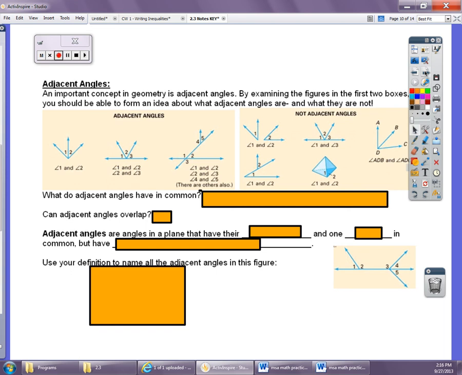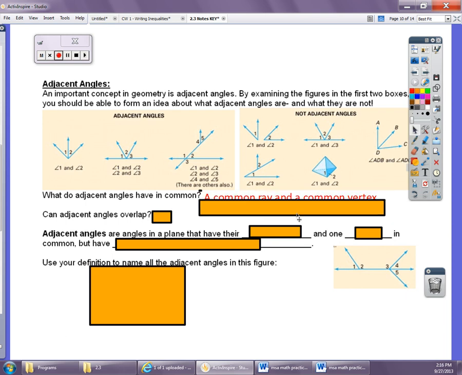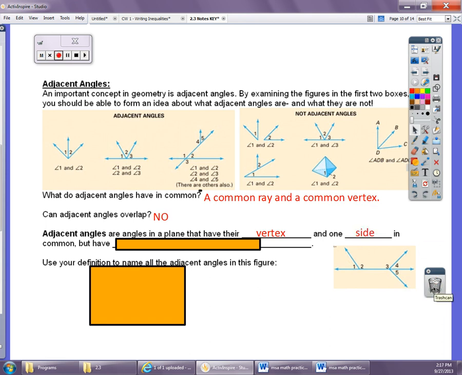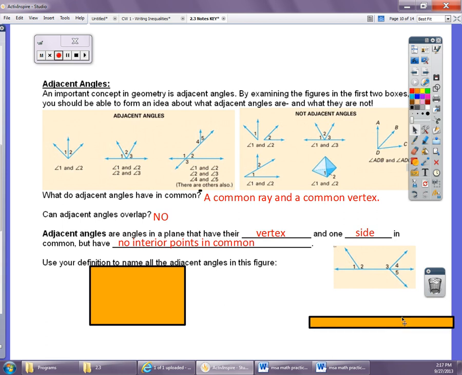So what do the adjacent angles have in common? What do you notice about all the adjacent angles? They have a common side and a common vertex. Can adjacent angles overlap? No, they cannot. So adjacent angles are angles in a plane that have their vertex and one side in common but have no interior points in common.